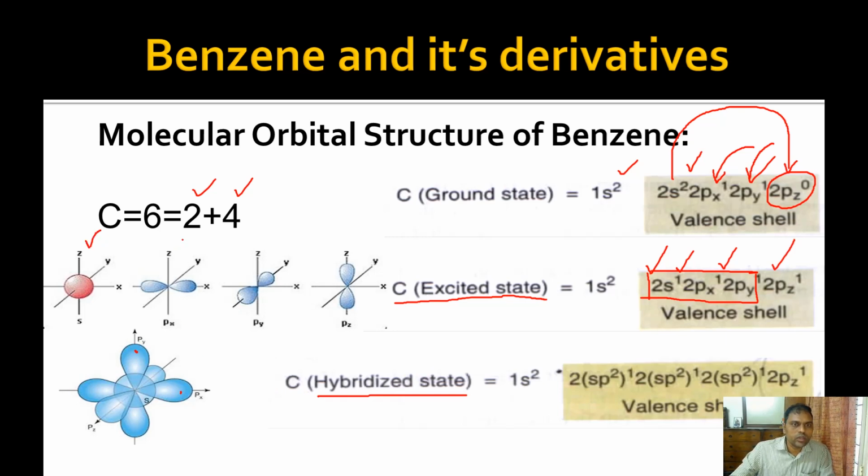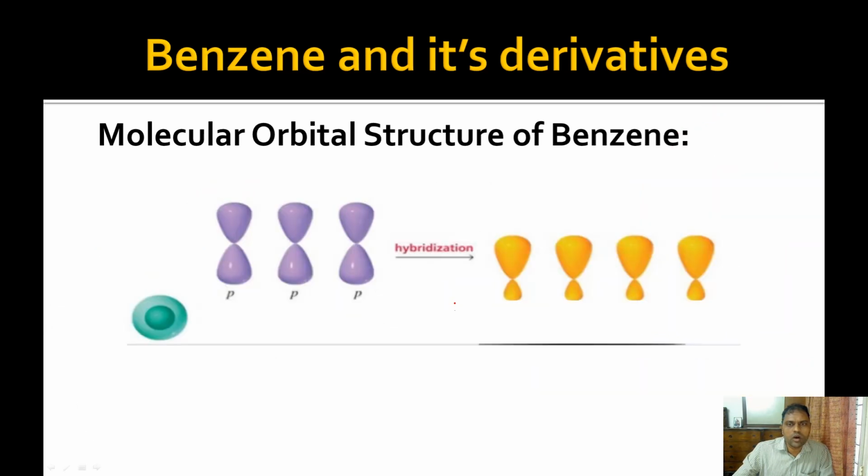This one, and this one. 2px and 2py, they join together and they form the hybrid orbitals. These are dumbbell shaped orbitals. The resulting orbital will be like this. Now, 2s is forming the hybridization, 2px is forming hybridization, and 2py is forming the hybridization. The resulting will be like this.